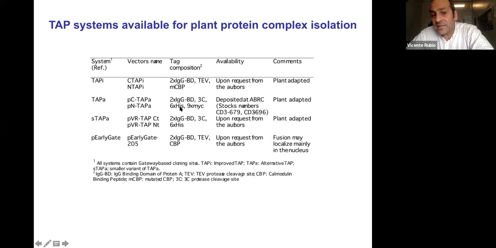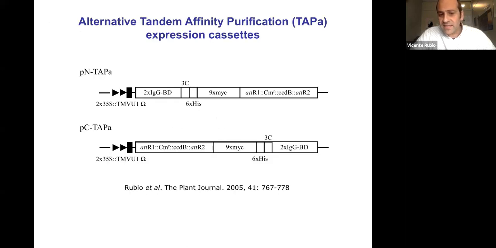So 6 histidines, to be purified in a nickel column, or 9 repeats of the MYC epitope, that could allow identification of your protein by using anti-MYC antibodies. So this was the system that I developed at that time.